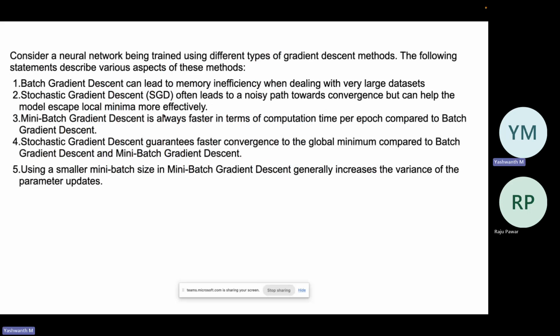Mini-batch gradient descent is faster compared to batch gradient descent because it takes a mini-batch as compared to the entire data. And stochastic gradient descent, it is false because it cannot guarantee faster convergence. Using a smaller mini-batch size generally increases the variance of the parameter update.